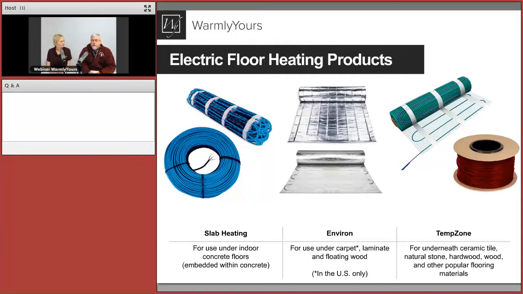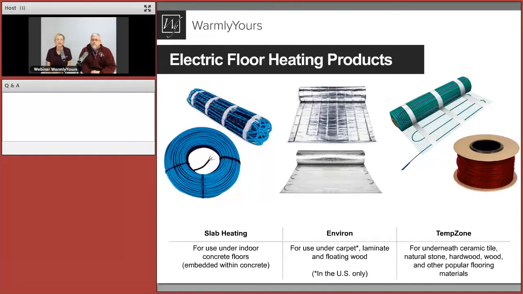What's great about the Environ product in the US is that it can actually go between the pad and the carpet, so we get the heat really nice and close to your toes. And when it comes to carpet applications, we like to share that you definitely can shampoo those carpets.